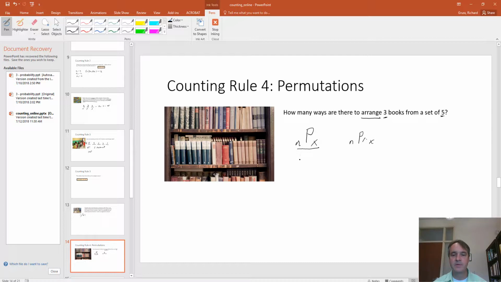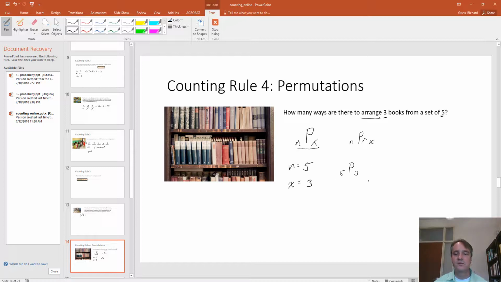But there's always this big P in here, and then the 2 parameters on each side. So n is going to be the size of our original set. So in this problem, that's 5. And our x, usually x is used for the actual value that you're asking about. So we're going to take a subset of 3. So what we're actually looking for is the answer to 5 permute 3.